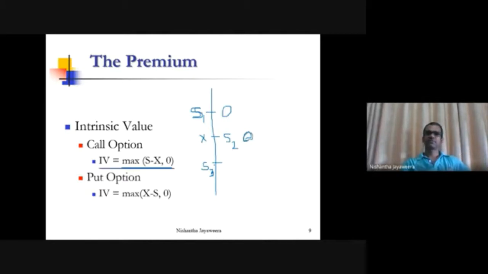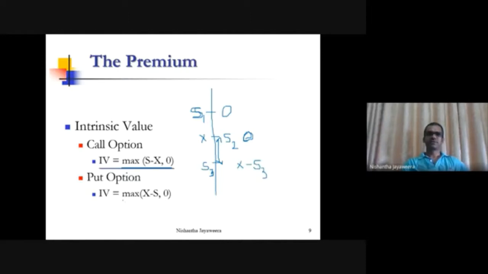What would happen when the spot price is less than the strike price? You exercise your right and your payoff would be the difference between these two. So to get a positive figure, it should be X minus S3.